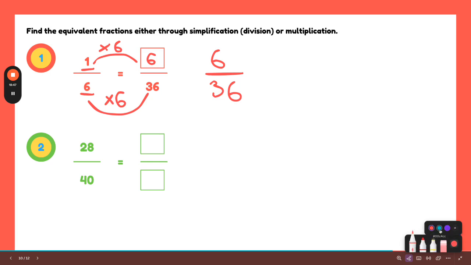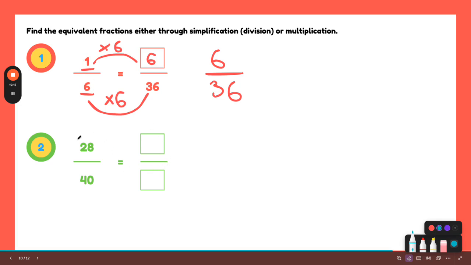In the second example, we have 28 over 40. Now, these numbers are quite large compared to the numbers in the first question. The fraction we had there was 1 over 6, which is a fairly simple fraction to work with.